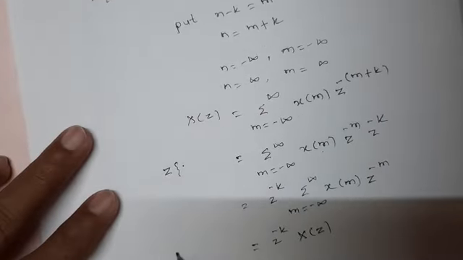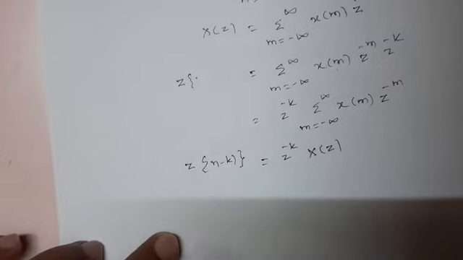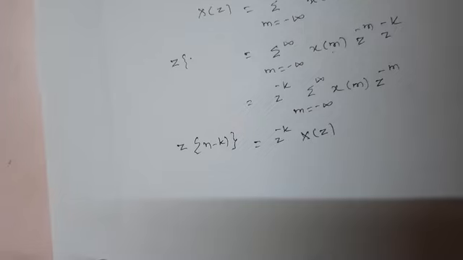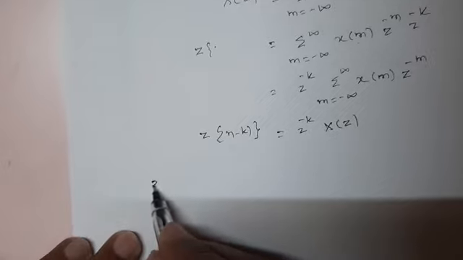Here I can write that the z transform of x of n minus k is z to the power minus k X of z.